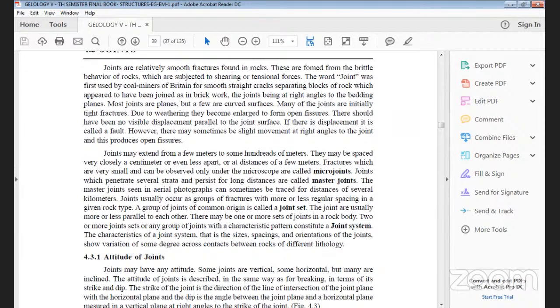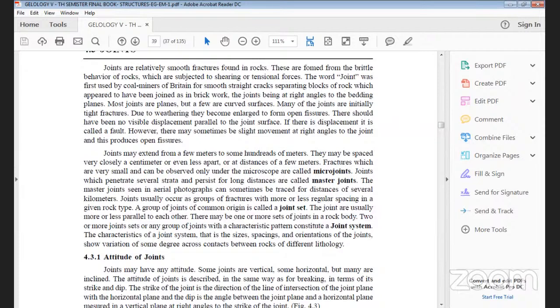There are joints which penetrate several strata and persist for a long distance, which are called master joints. Master joints can be seen in aerial photographs and can sometimes be traced for several kilometers. Joints usually occur as a group of fractures with more or less regular spacing in a given rock type.